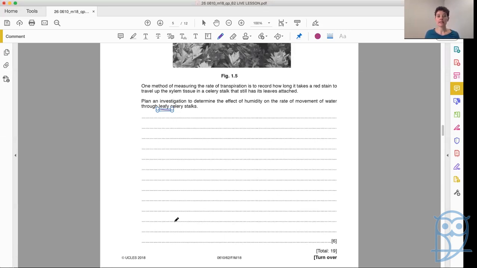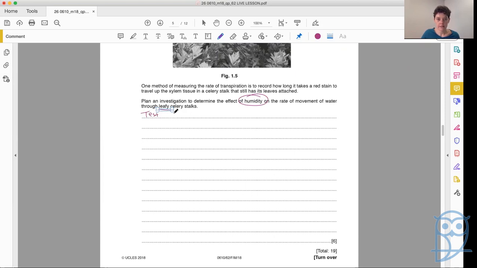So if we're testing the effect of humidity, that is our independent variable. And what do we want to do with the independent variable? We need lots of different levels. So in our temperature experiment, we just had warm and cool, but we want to be a little bit more thorough than that when it comes to this. So remember, we're aiming for 5 different things.